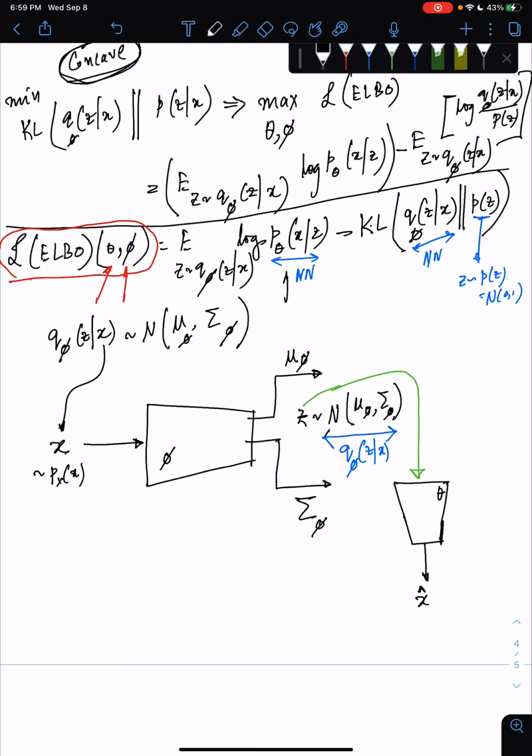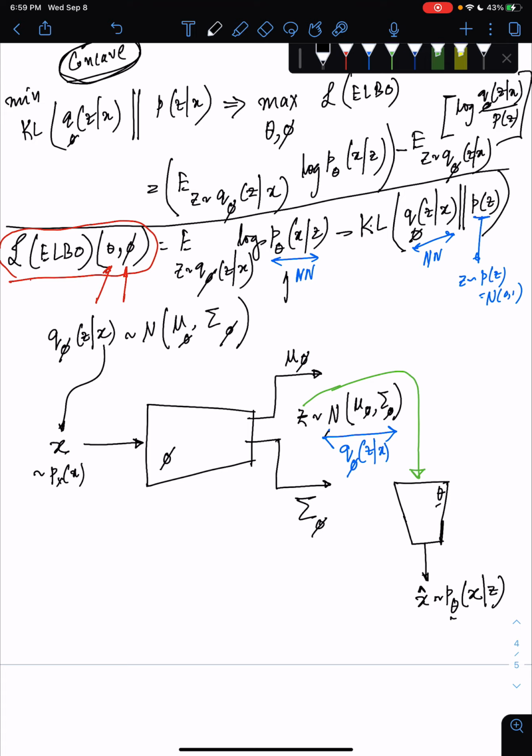This is sampled from the probability distribution p_theta(x|z). Because I'm feeding z and getting x, and my network is parameterized by theta, this is my reconstructed output corresponding to this guy. So this is why it is called a variational autoencoder.